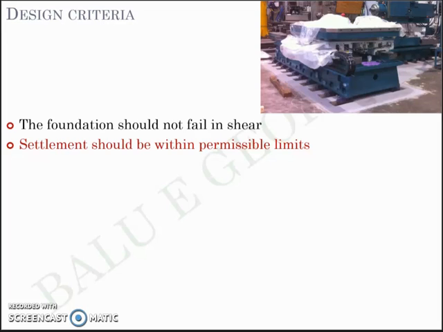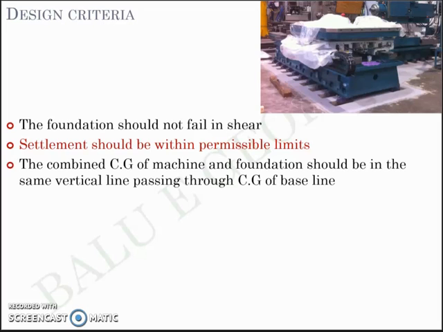Like we discussed earlier in the previous modules, a foundation should not fail in shear and a foundation should not fail in settlement. Now in addition, the machine foundations have to satisfy these design criteria as well. The combined center of gravity of the machine foundation and the machine should be in the same vertical line passing through the center of gravity of the base, which means any machine will be kept on a machine foundation with a base.